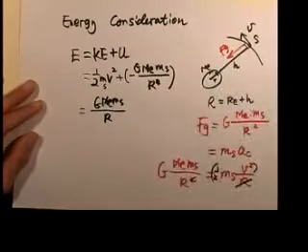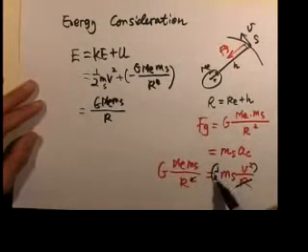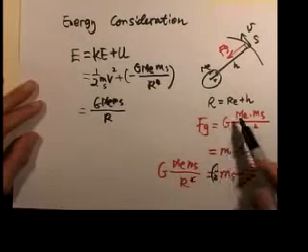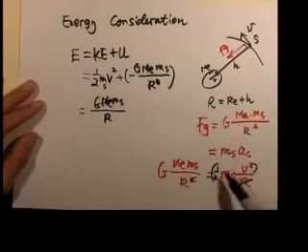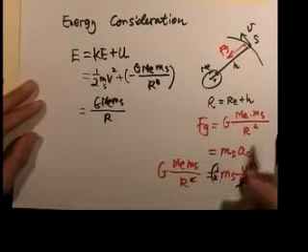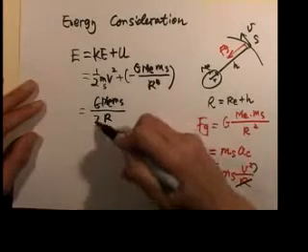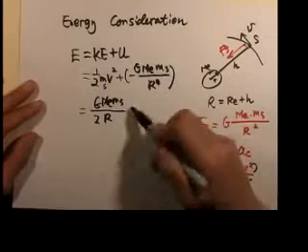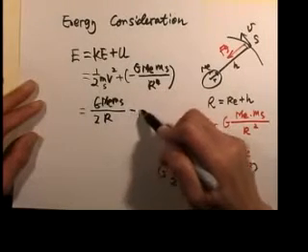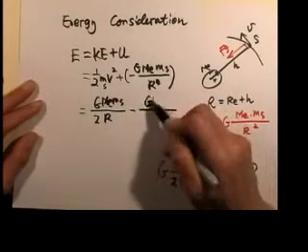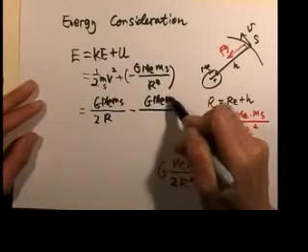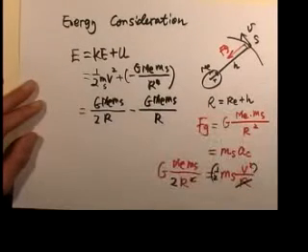And on the other hand, because initially we have this equal to that, this 1/2 we multiply to the right, we should also multiply 1/2 to the left. So it should be like this. And then the second term is minus G, mass of the Earth, mass of the satellite, over r.